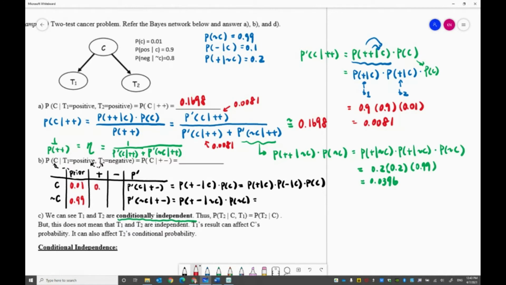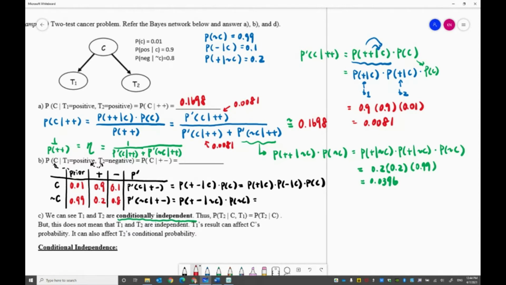So that is 0.9, negative given cancer is 0.1, positive given not C is 0.2, and negative given not C is 0.8. So you may write all the numbers in the table, then use just those numbers.